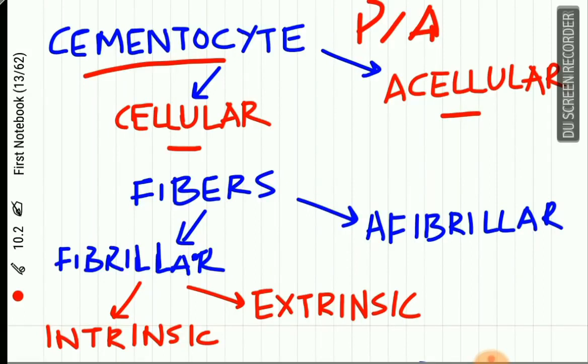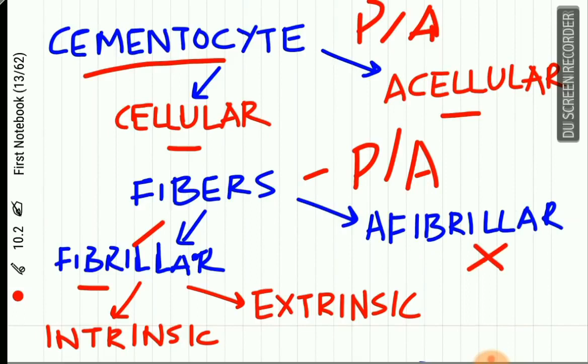The fibers are also present, and depending on the presence or absence of fibers, the cementum is classified into fibrillar cementum and afibrillar cementum. Fibrillar cementum contains these fibers, while the afibrillar cementum does not contain the fibers. Now, the fibers of the cementum are further divided into two types: the intrinsic fibers and the extrinsic fibers.